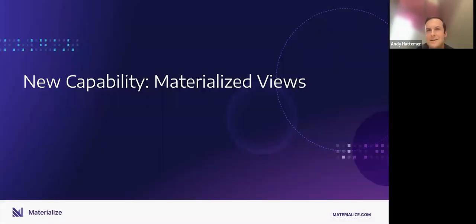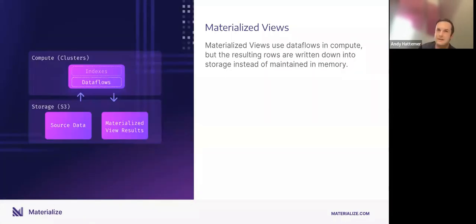And then this, I'm calling it a new capability, even though it's what we've always had in our namesake, materialized views, but it's new because we made a fundamental change to how materialized views work between the binary and the new architecture. And in short, we're basically writing materialized views down to storage instead of maintaining them in memory.